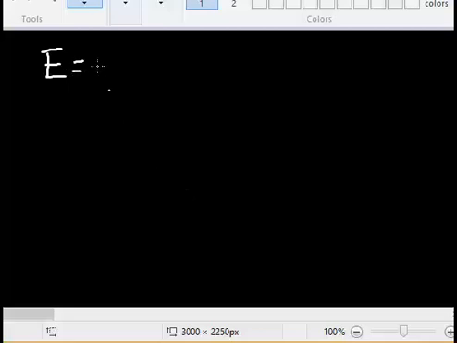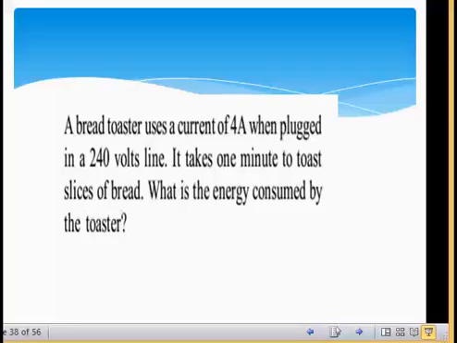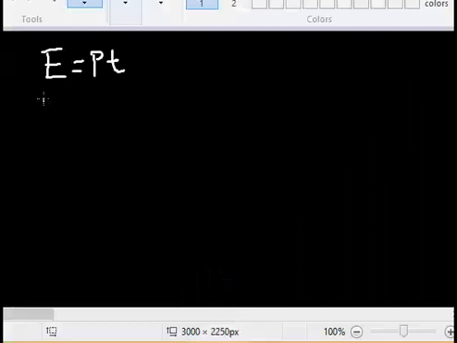If we are looking at this in joule, the energy E, all we need is to apply power times time, and of course it should be in the standard SI unit. In this case I was given current and voltage, so I will apply the formula. Remember, power is current times voltage, then multiply by time.